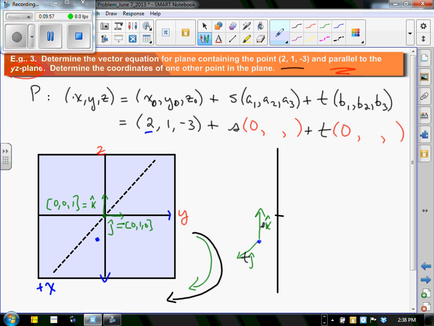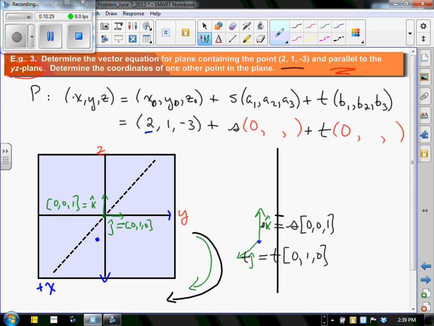Their components in this case would be s scaling 0, 0, 1, that's in the z direction, and t scaling out j, such that we have t multiplied onto 0, 1, 0. Through the linear combination of those values, we are able to define the yz plane.